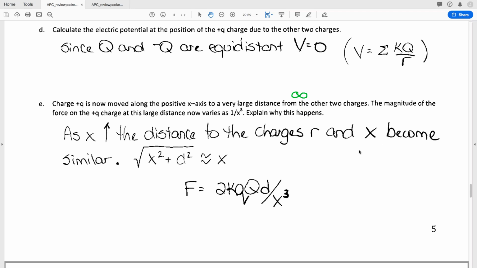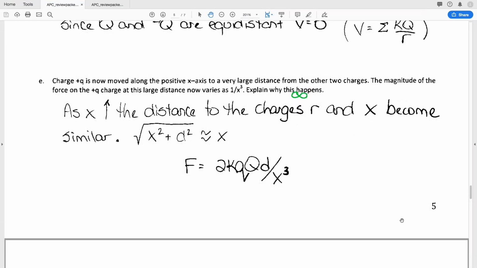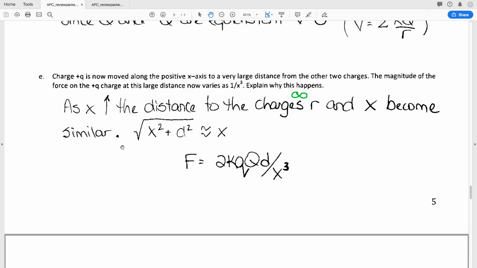And this one is I guess new to me here, or at least I haven't looked at it in a sufficiently long time. And my explanation here is as x increases, the distances to the charges, r and x, become similar.